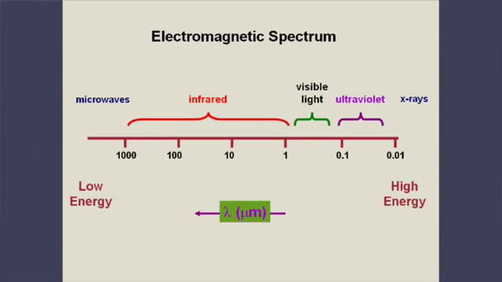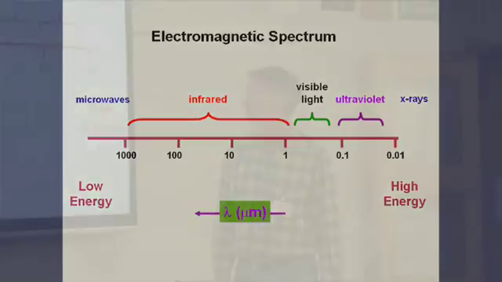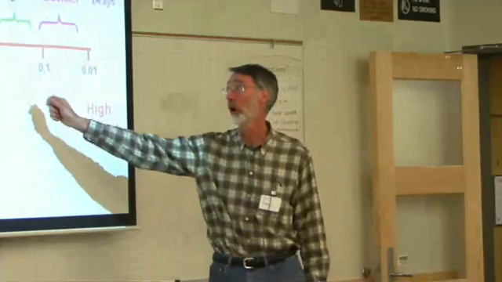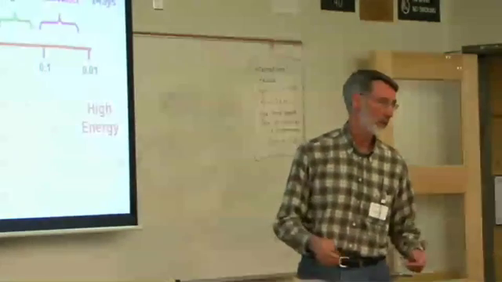So this is the spectrum of radiation as a function of, in this case, wavelength. Microwaves, like your microwave oven, have a wavelength about this big. And visible light, the light you see with your eyes, has a wavelength in the 0.1 to 1 micron range.